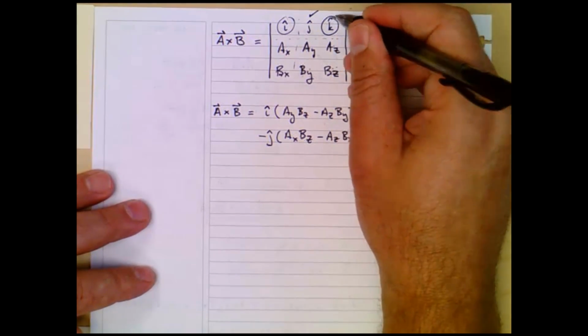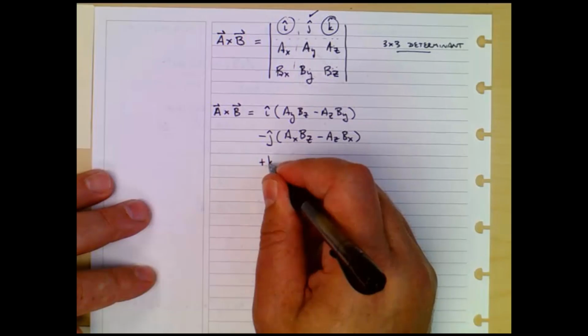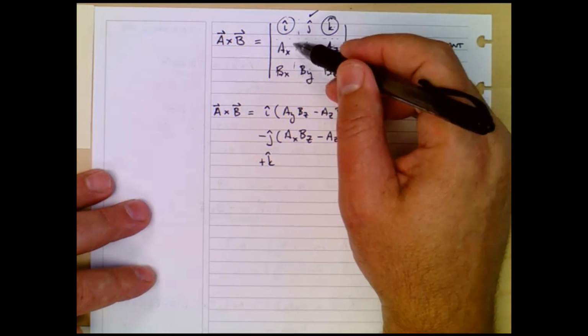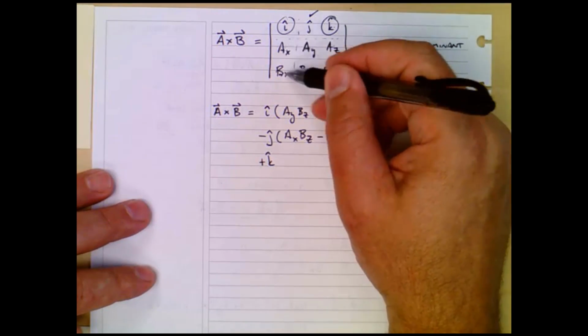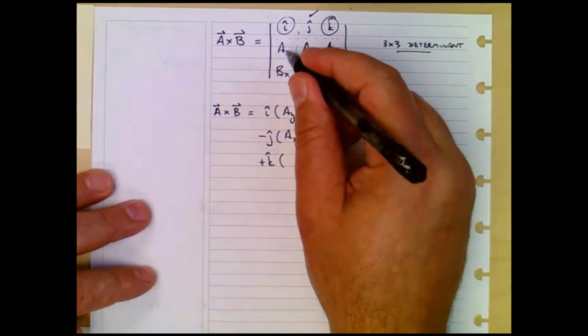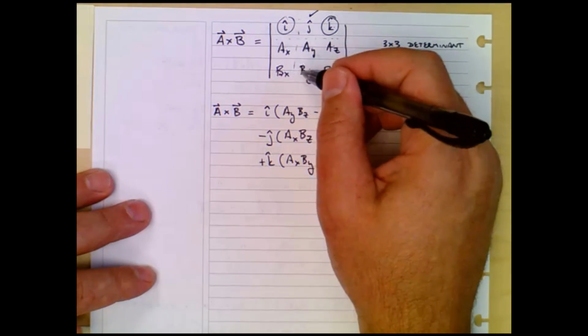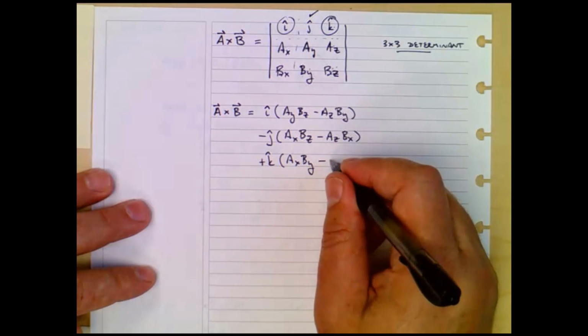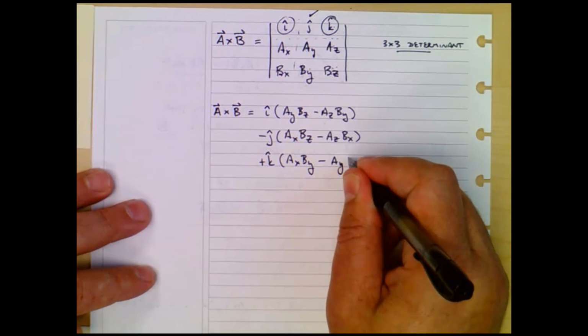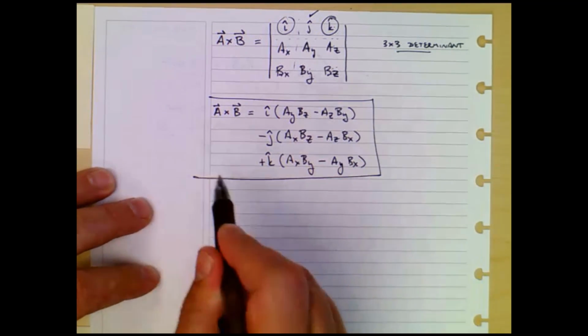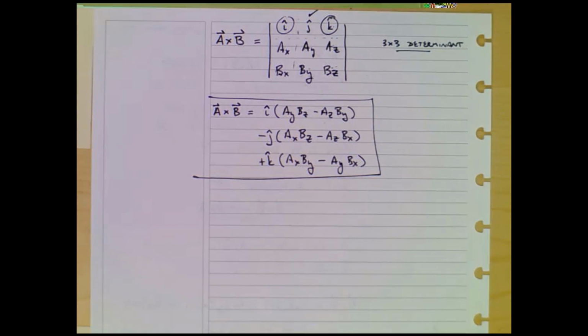And then the last term is given by plus that component times the determinant of this 2 by 2: AXBY minus BXAY, or AYBX. So this is the same as the expression we previously wrote down. It's just a little bit easier to deal with. Okay?